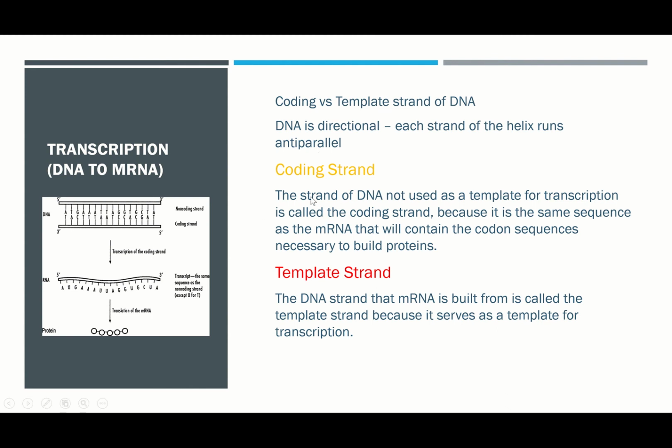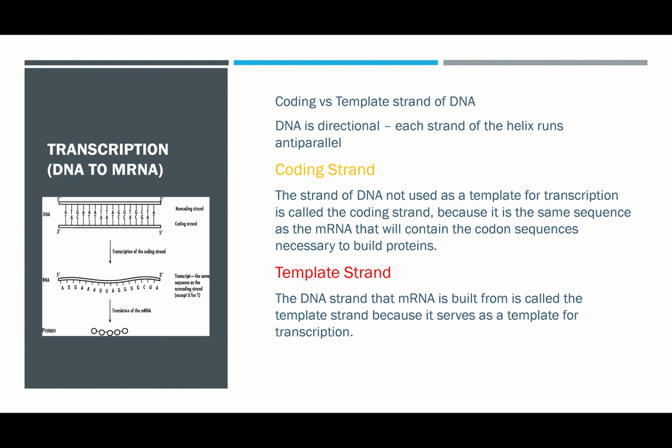So in a DNA molecule, there's always going to be a coding strand, and the other is always the template strand. The coding strand contains the desired sequence for the making of protein. So the coding strand is really the one that you want for the synthesis of mRNA.